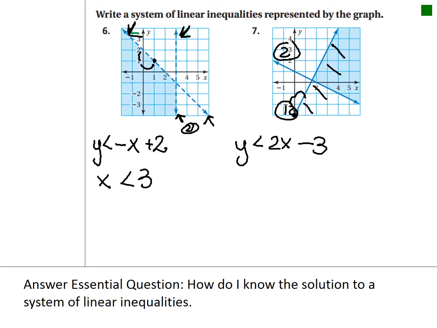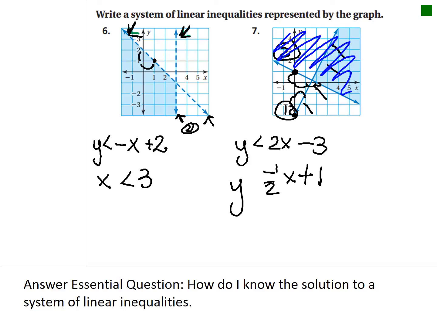Line 2, our intercept is at 1, so plus 1, and we went down 1 over 2, down 1 over 2x, and I'm going to choose blue to show you. For this one, we shaded this direction because it collided here. So y has to be greater than or equal to. Both of these are equal to, so make sure you include that.